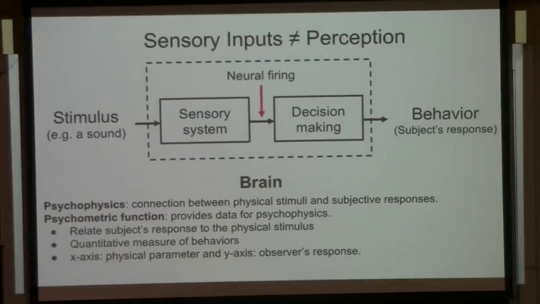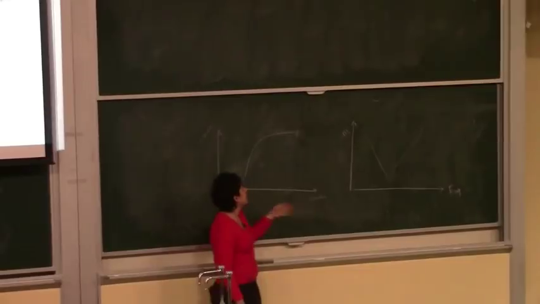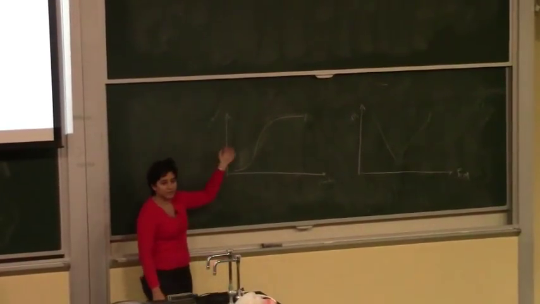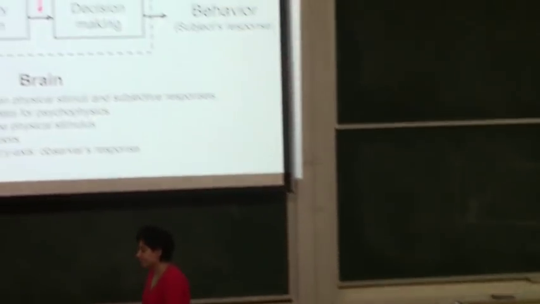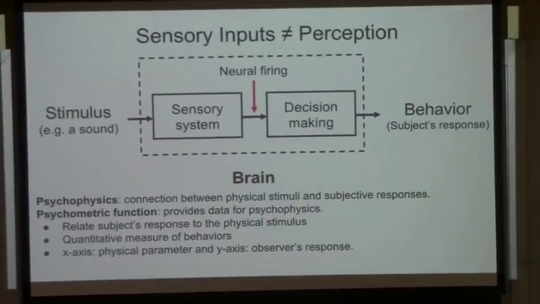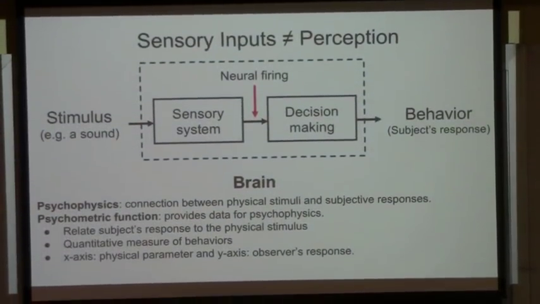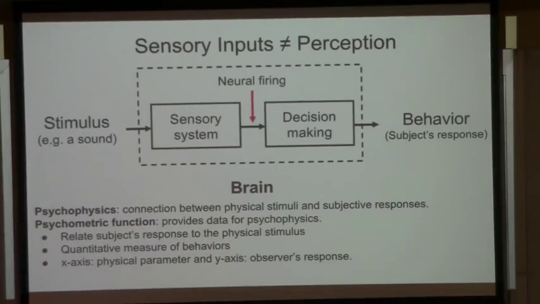So the x-axis in a psychometric function would be the stimulus physical property, and the y-axis will be your behavior, like, oh yes, I saw it, or oh, I didn't see it. And it's going to look sigmoidal most of the time, as you saw in your homeworks. Any questions about psychometric functions, or anything?